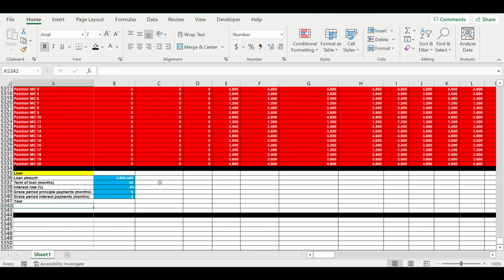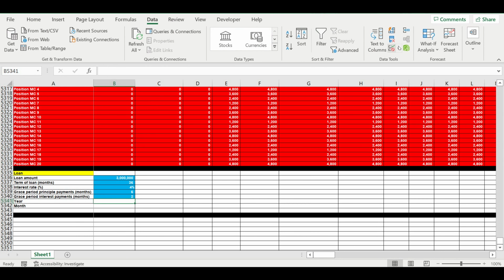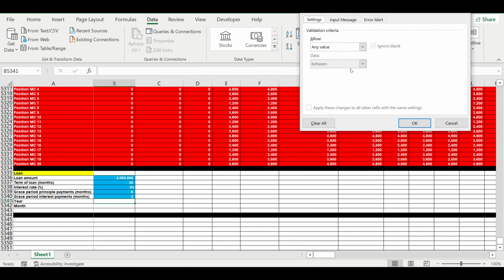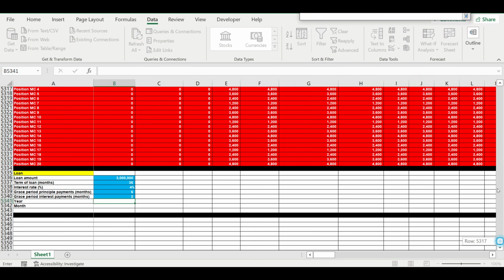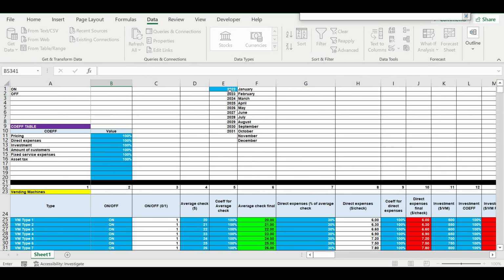Year, month. We will specify it using the data validation list. Year we will take from the top. Here we have some sort of a library.